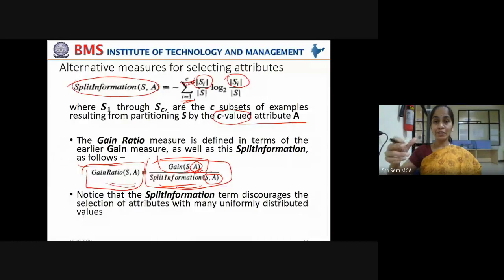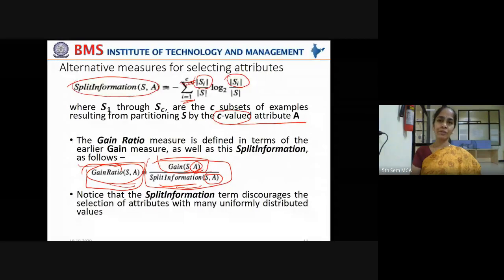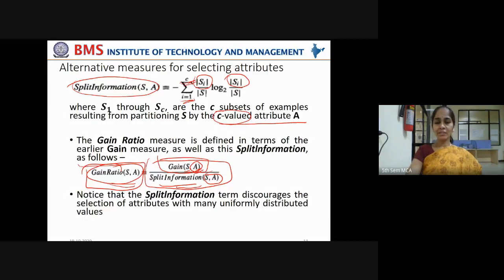Now that will reduce the information gain if the split information is more. It means if the subsets divided by this threshold C are more, in that case this gain ratio will be less. If the gain ratio is less, do not select that as the split point. Simple decision, right?